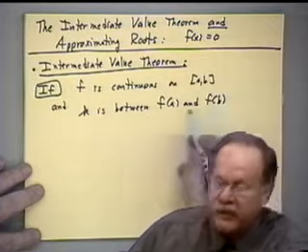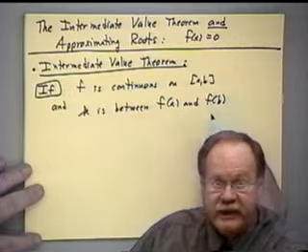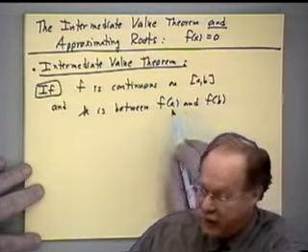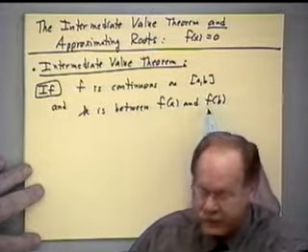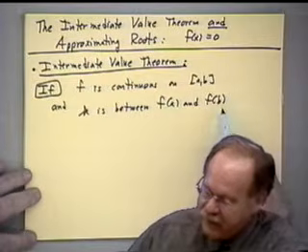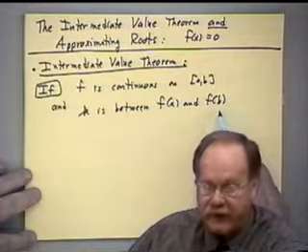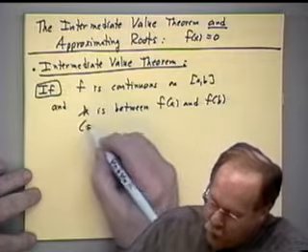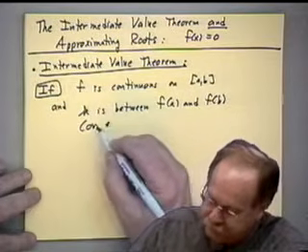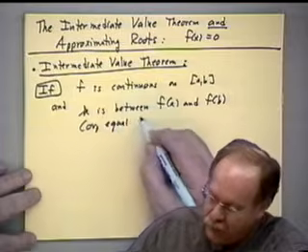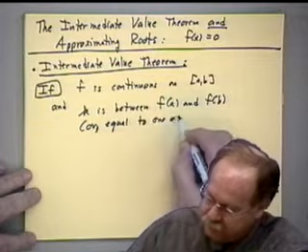Now, I don't know which one of these will be bigger, so I'm just saying between to save myself the trouble of writing out the two different cases. So we'll suppose we have a number that is, if you like, a y value between the f of a and f of b value, wherever they are. Or it could be equal to one of them.